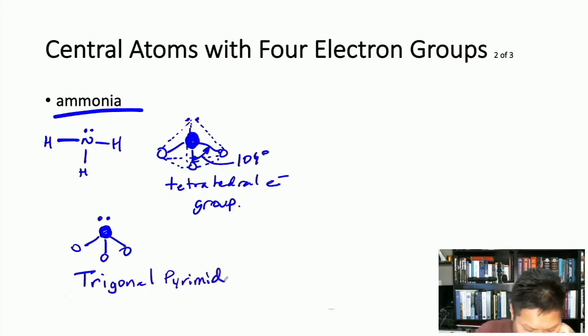Or some people just call it trigonal pyramidal, right? Because the pyramid is just there, right? If you had a bond up here going to something, then it would be tetrahedral, but since it doesn't have that, that's why it's trigonal pyramidal. Sorry, trigonal pyramid. And again, remember, 109 degrees between these bonds.